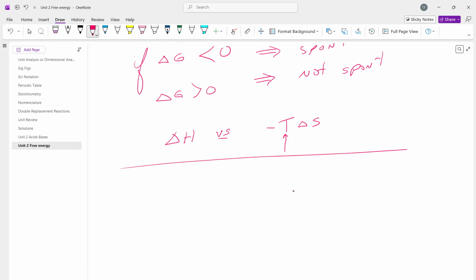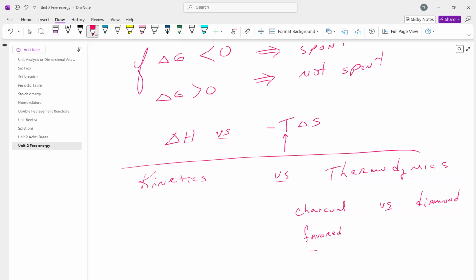So we've got speed versus thermodynamics. In the case of charcoal and diamond, through the delta G formula I just gave you, charcoal is favored.